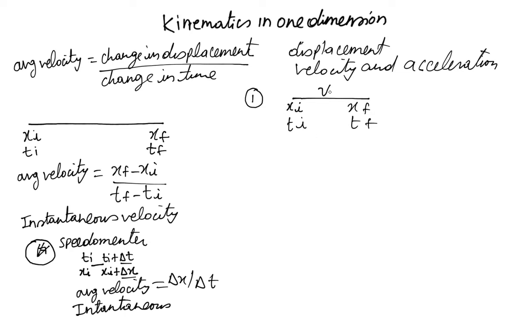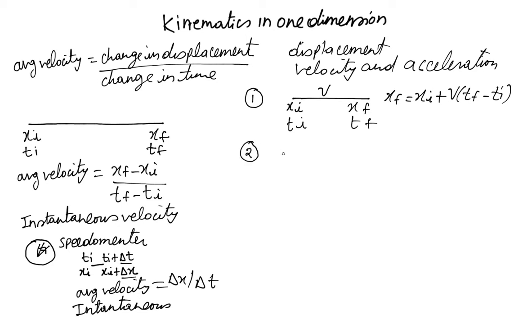How are these variables related? We already have seen this. These are related as xf equals xi plus v times tf minus ti. So that is the first scenario, the case when you are traveling at a constant speed.